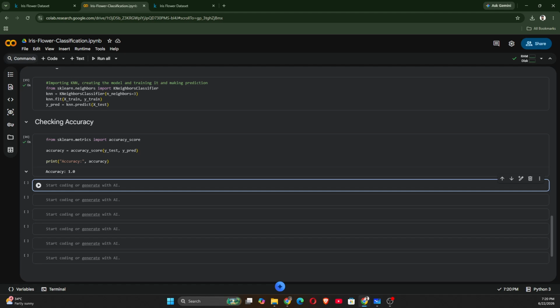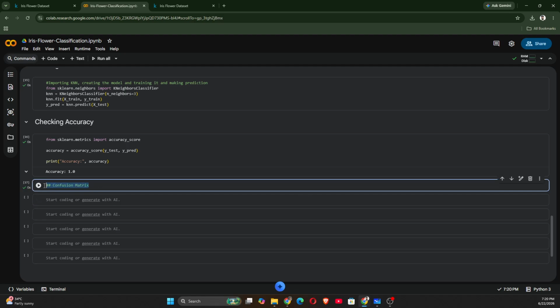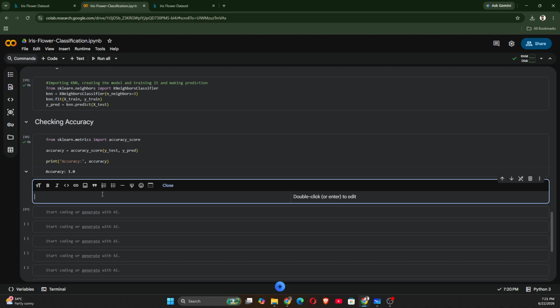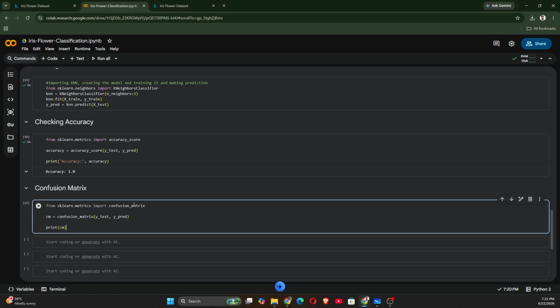So we will also use a confusion matrix over here. I think I have written Control X. Yeah. So this is the code for the confusion matrix.